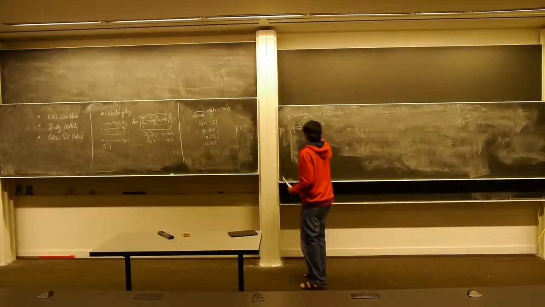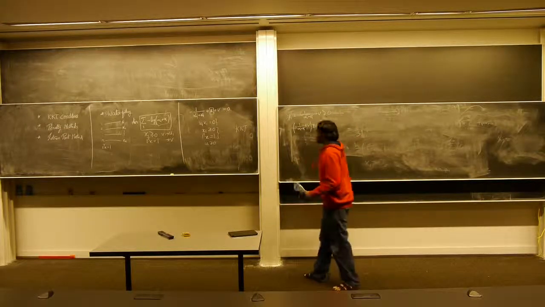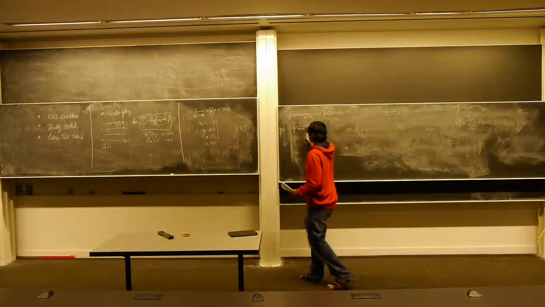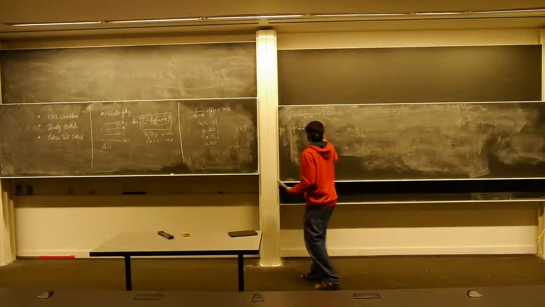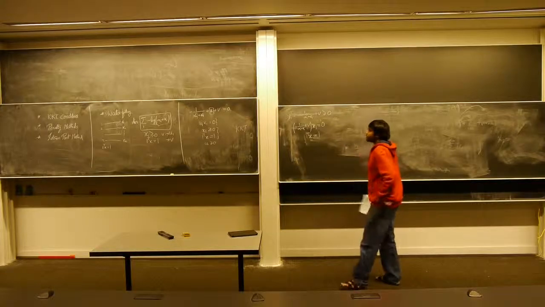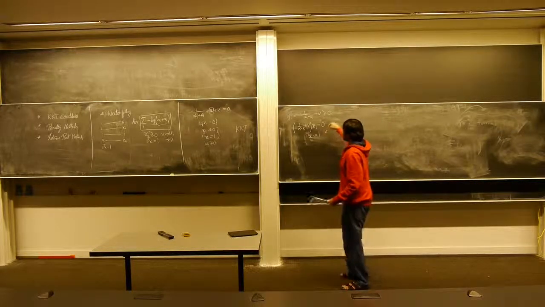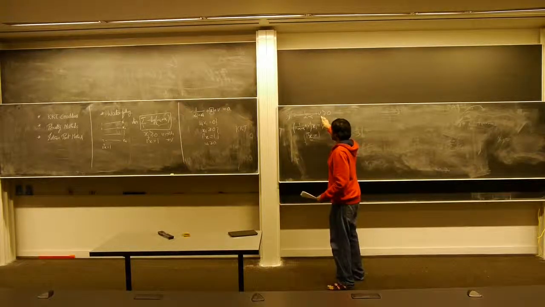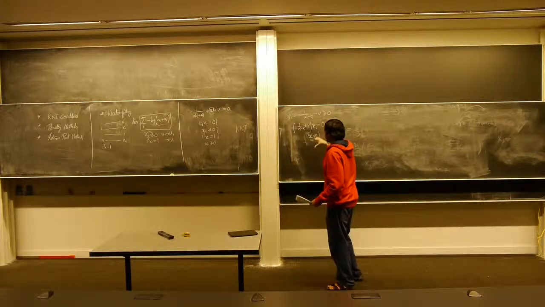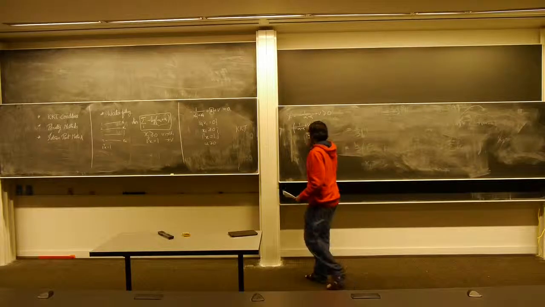So you have eliminated all the dual variables u and you get this system of equations. You still have to find a solution satisfying feasibility, and you're done.